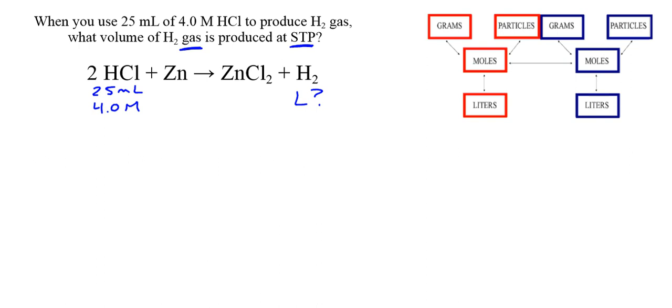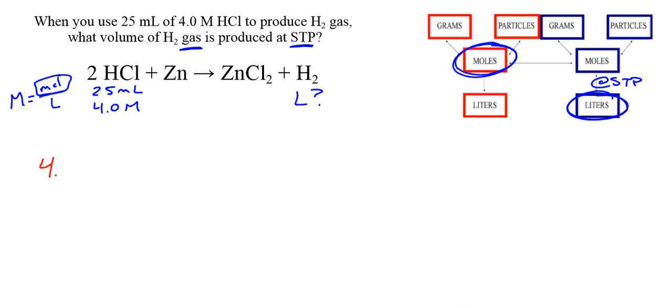So I'm starting, again, when I have molarity and I have volume, I need to get it into moles. So I'm going to go from moles, and then this time they're asking for liters. And remember, at STP, I can go down that track. So this looks like a 2-step problem after I get it into moles.